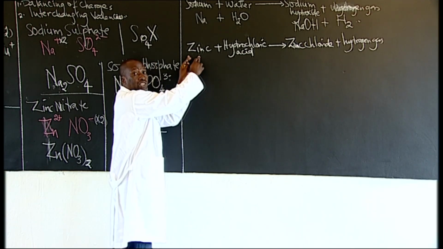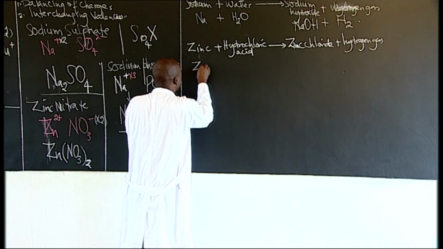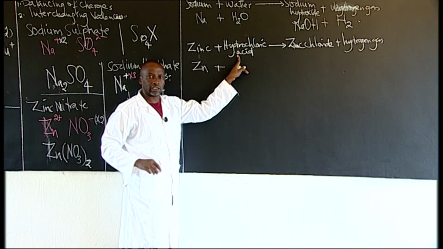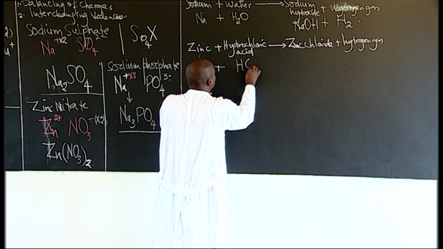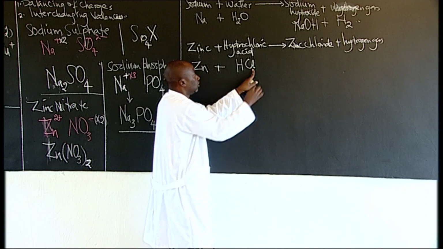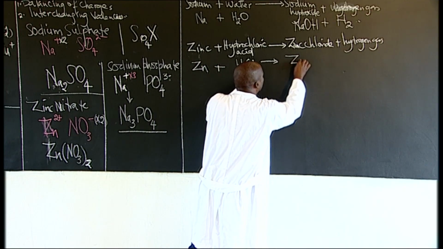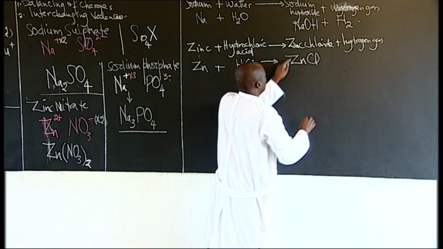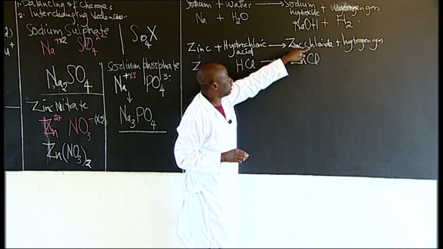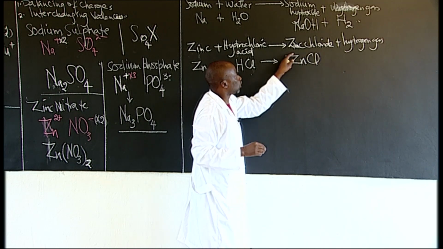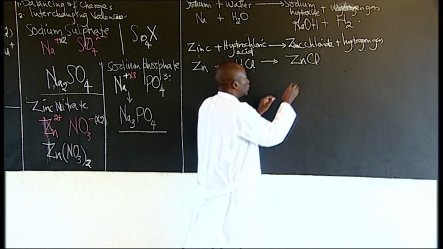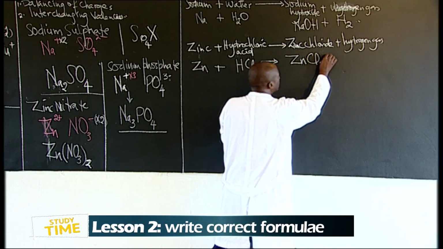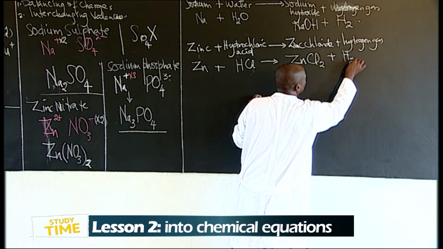What is the symbol for the zinc? This is zinc plus. How do we write hydrochloric acid? HCl, small l, and then giving zinc. How do we write this? This is the chloride. Zinc has a valence of 2 and chloride has a valence of 1, so this one will multiply by 2 and we bring that as a subscript. Then plus the hydrogen gas.